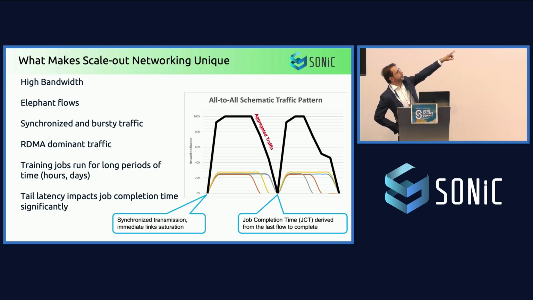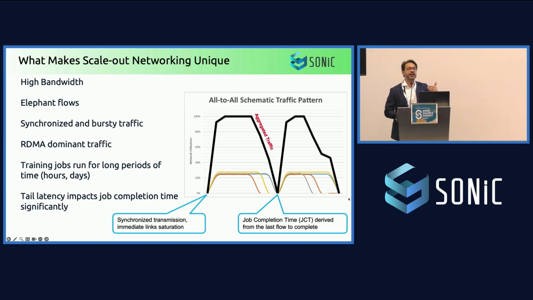What I'm trying to say here is these are synchronous flows. So if you see here, I can use this actually. The first GPU completes its job here, the second completes its job here, but they do not go on to the next cycle. Why? They are waiting for everyone to complete their job. They are synchronous. When everybody completes their job, then all of them start again.